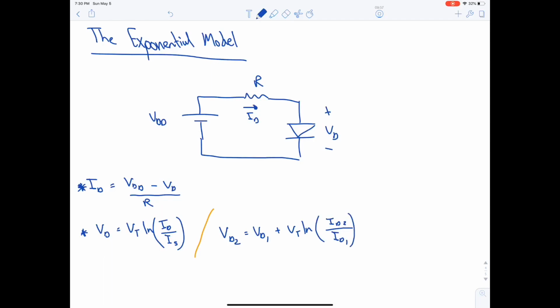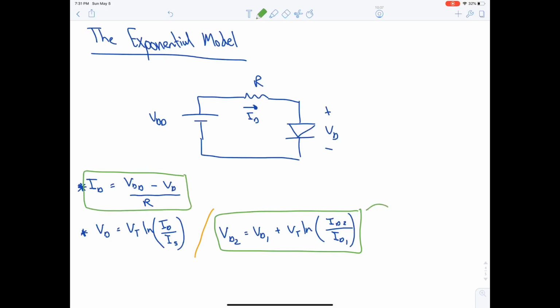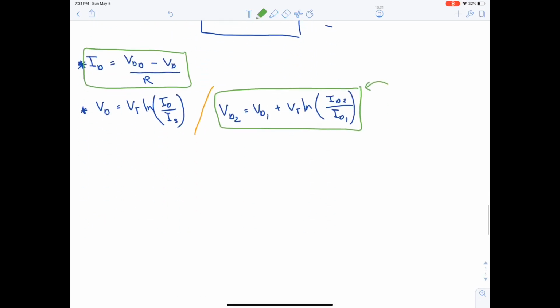I recommend using this equation because we are going to use it for the entire chapter. So instead of learning two methods, it's better to use this one rather than this. I will show you both, and I will explain why I'm recommending the second one. And how did I get this? I will show it to you in a moment.